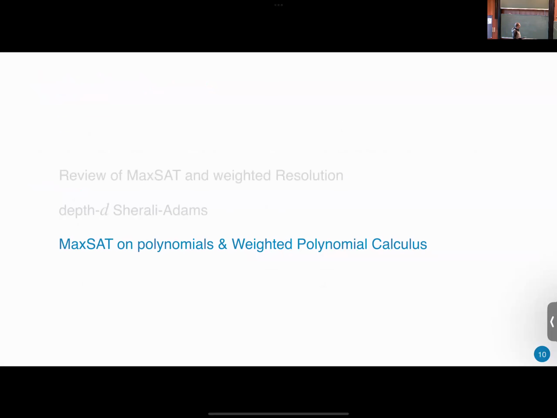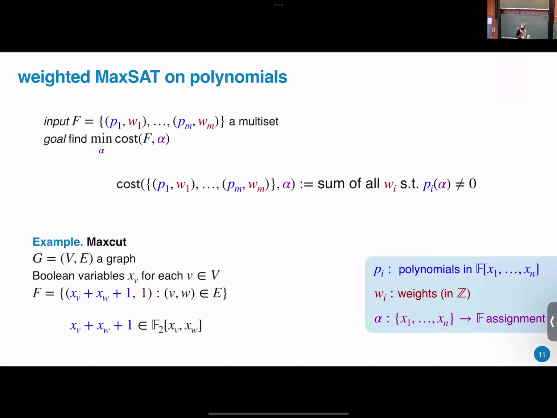The other variation that I want to spend the rest of the time on will be MaxSAT on polynomials and weighted polynomial calculus. So the idea is very similar. Now, instead of clauses, we want to have polynomials. So the analog of MaxSAT on polynomials would be, we have a multiset of weighted polynomials. Again, we want to satisfy, that means evaluate to 0, as many polynomials as possible.